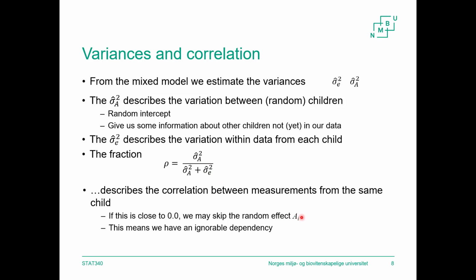It was important to include this in our model. If it's close to 0, well, it didn't help us much, right? We can ignore it and just use the standard regression model again. So that's what you can obtain by looking at these variances here. And that's something you should always do. We will see that in a minute.